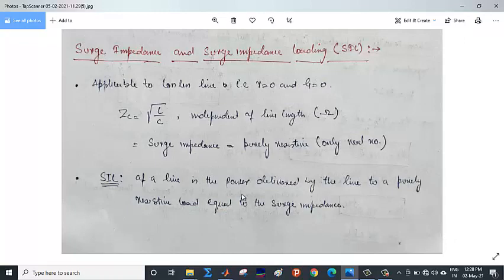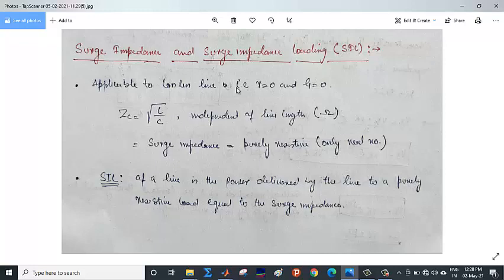Now, surge impedance and surge impedance loading. There is a slight difference between surge impedance and characteristic impedance. The surge impedance is applicable to a lossless line where R is equal to 0 and G is equal to 0. Then this ZC is equal to root of L by C, and this is known as the surge impedance of the line. It is also independent of the line length, and its unit is also ohms.